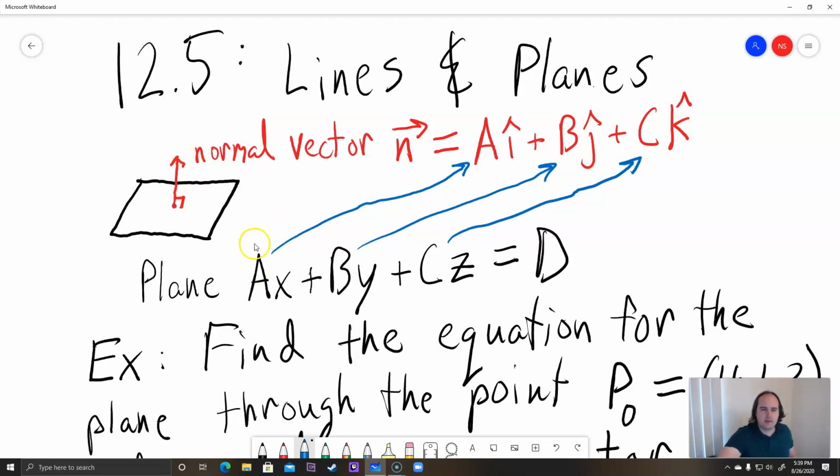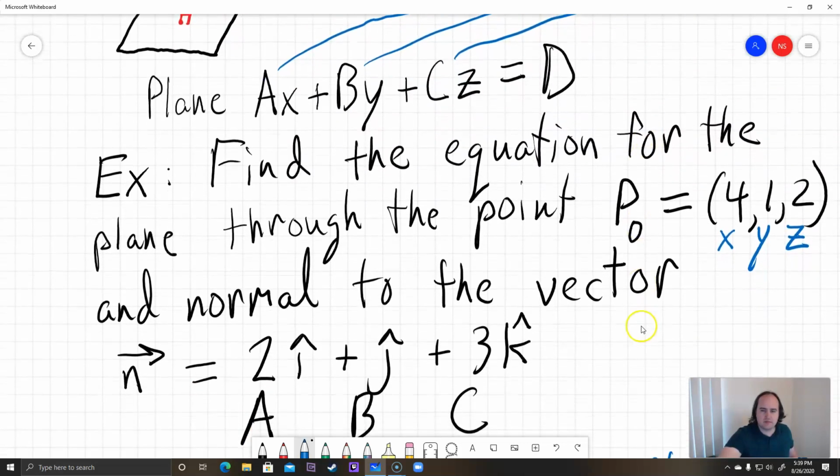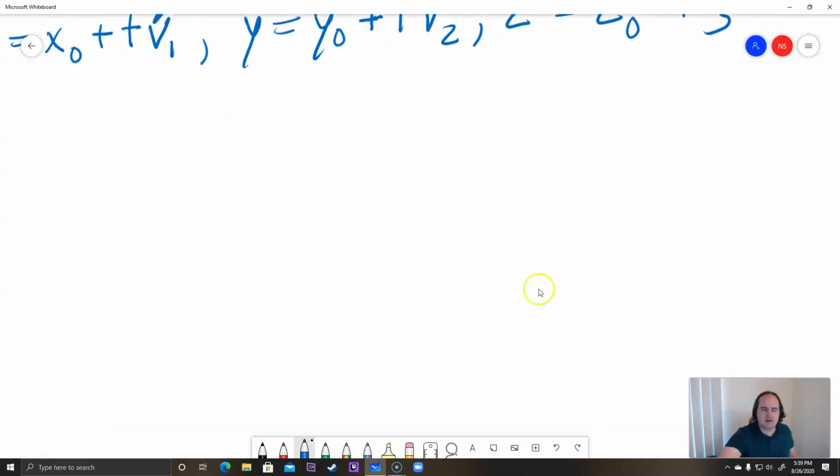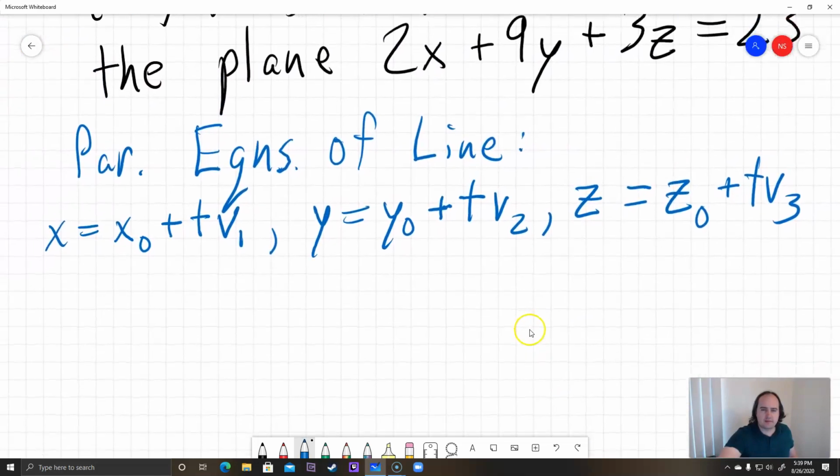So our plane has to be in the form ax plus by plus cz equals d, but we're going to be able to easily figure out our normal vector because it's going to have these same numbers here for the components. So a, b, and c are going to be the coefficients of x, y, and z here. All right, and that vector is going to be perpendicular to the plane.